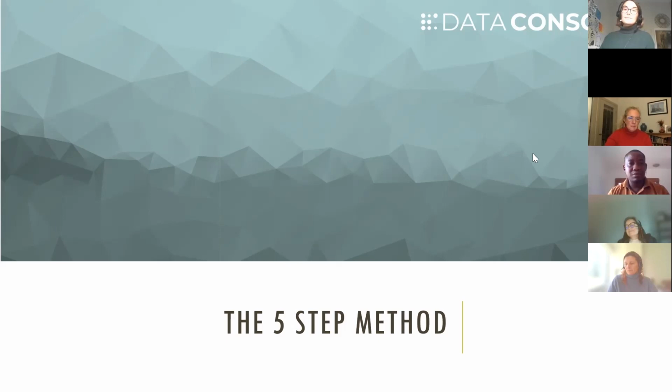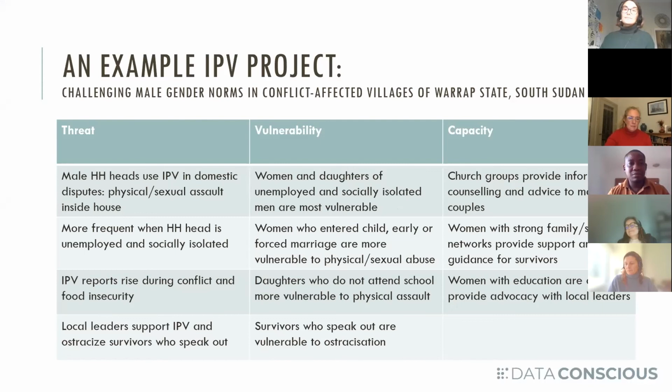To do that, I'm going to use a project example, an entirely fictional project example. I hope you all had a chance to see the background documents that we shared before the session. In those documents, we had a fictional project example.